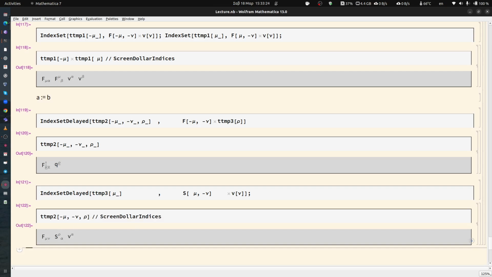You see that instead of obtaining F times Q, we now obtain the value that TTMP3 has. If this had been a direct assignment, this would have been a different result.